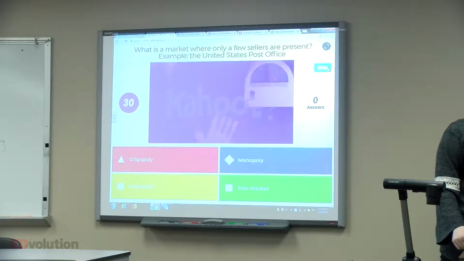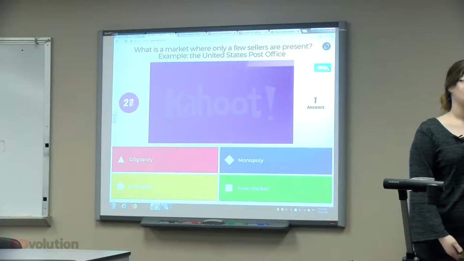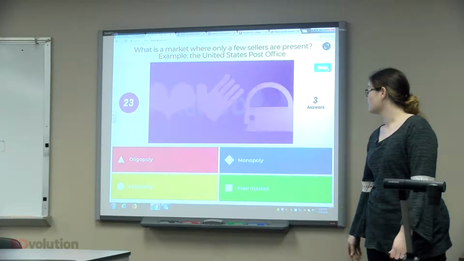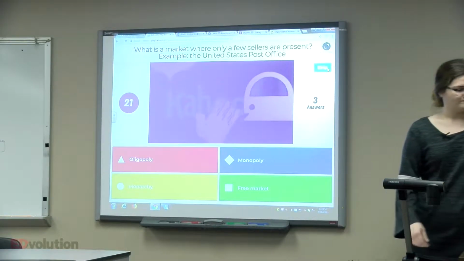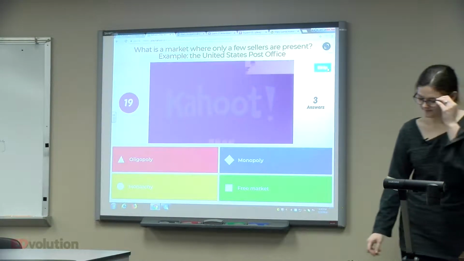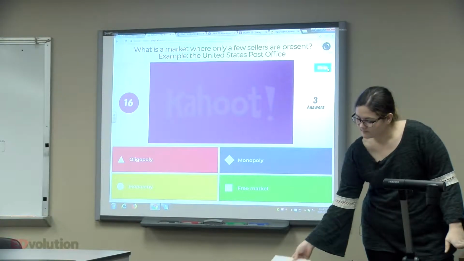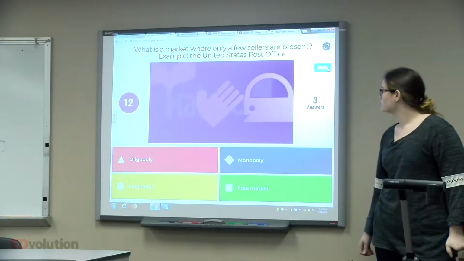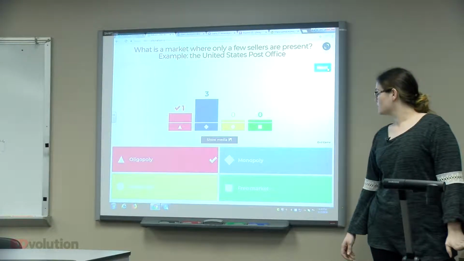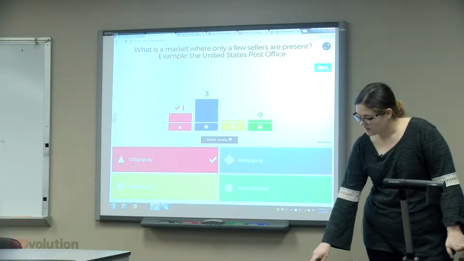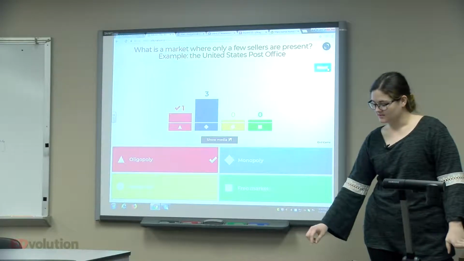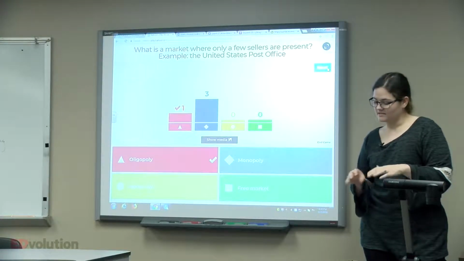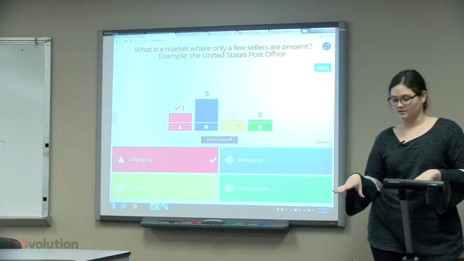Right, so what market where few sellers are present, such as the United States Postal Service office, is what that's supposed to be. All right, so an oligopoly is a market shared by a small number of producers and sellers.